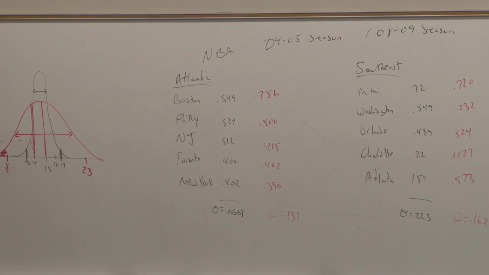Southeast still has more dispersion, but the Atlantic Division almost doubled. Exactly. And in the Southeast, it actually went down.